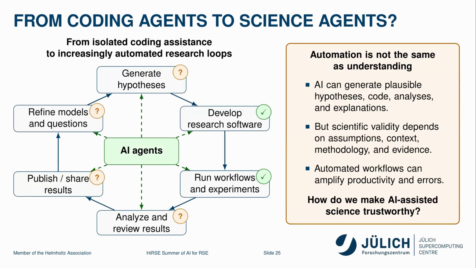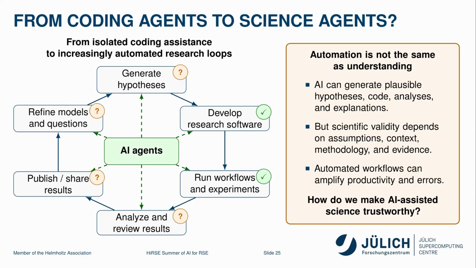And there's this idea of moving on from coding agents to science agents. So here the idea is that you move on from isolated coding assistance to increasingly automated research loops. So here on the left-hand side, we see this research loop. We would start by generating hypotheses.